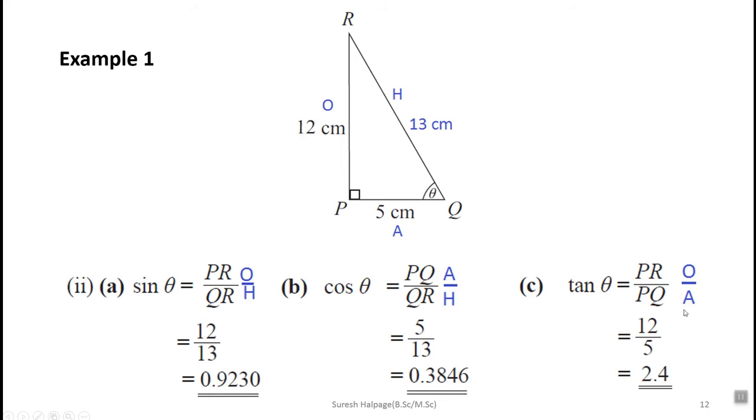Tan theta, opposite over adjacent. Opposite side is 12 centimeter. Adjacent is 5 centimeter. So we can find tan theta. Adjacent side: one arm of the angle theta.